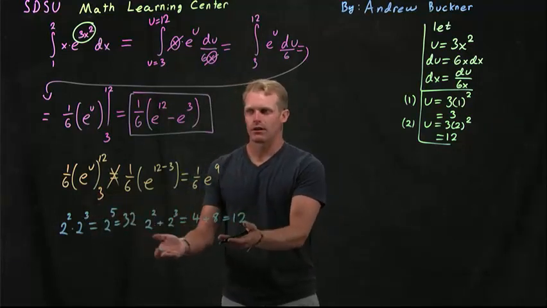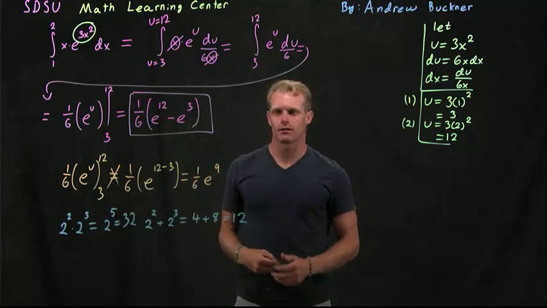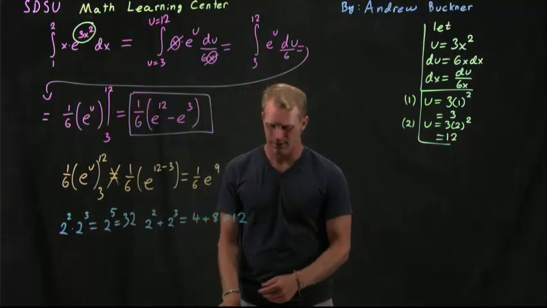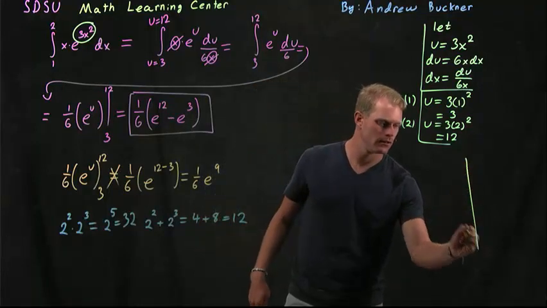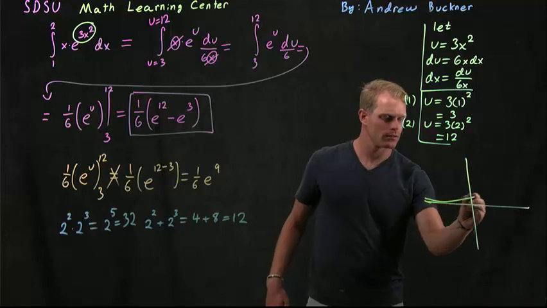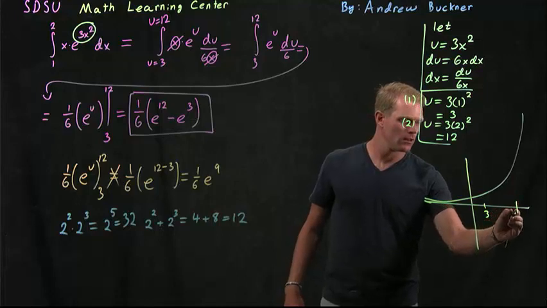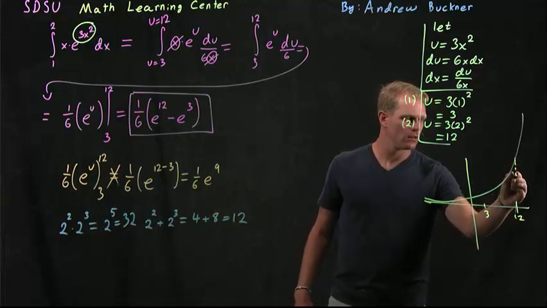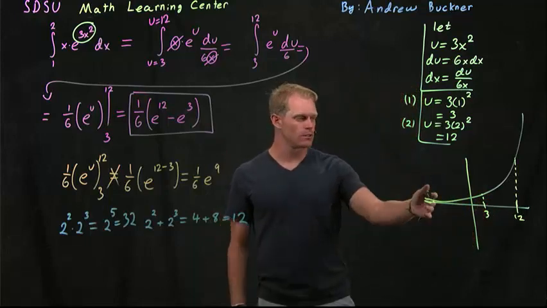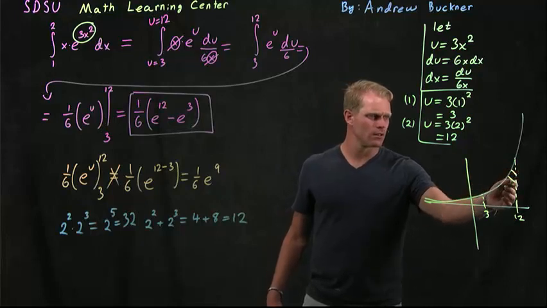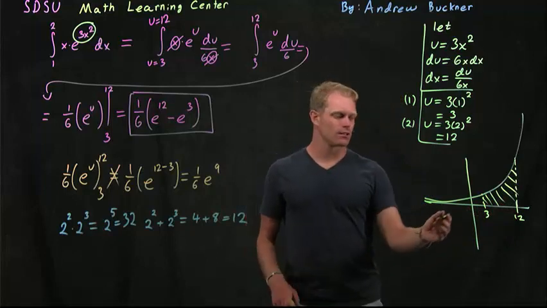In these cases, both are correct, but for the integral, we have to use the sum or the difference, because if we're graphing this exponential function, the graph looks like this as it increases, and I've got my 3 and I have my 12. Anytime we're doing an integral, we're asking, what's the area underneath this curve between these 2 points, 3 and 12?